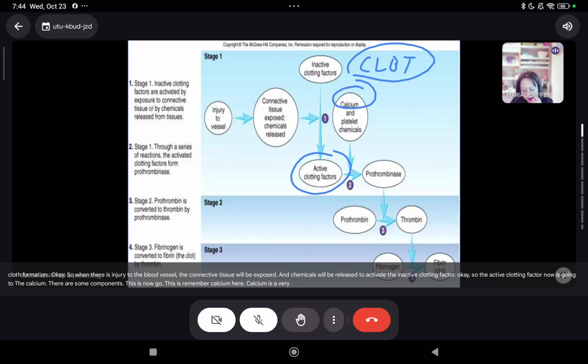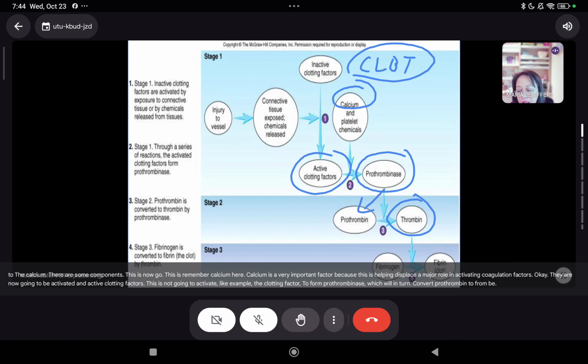Calcium is a very important factor because it plays a major role in activating coagulation factors. The active clotting factors are then going to form prothrombinase, which will in turn convert prothrombin to thrombin.